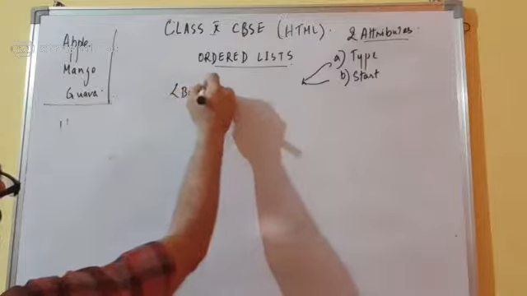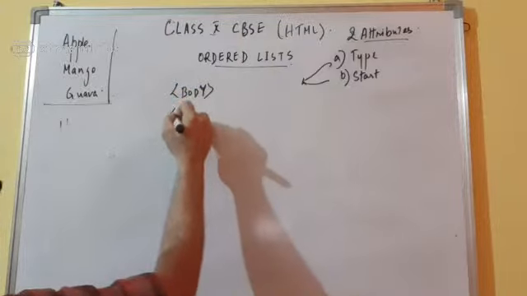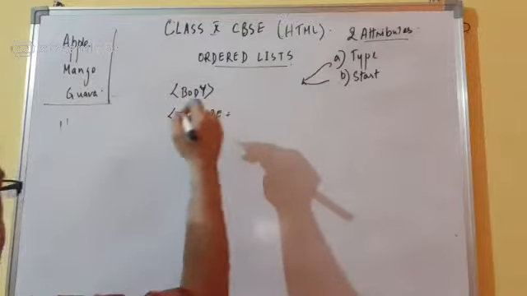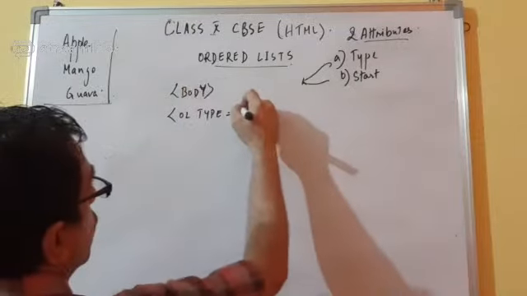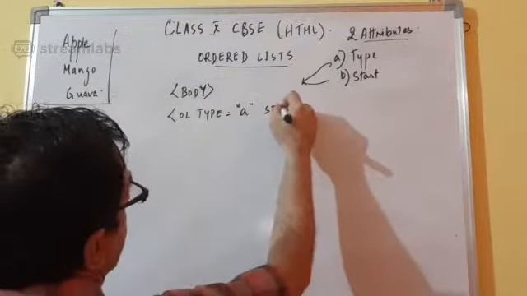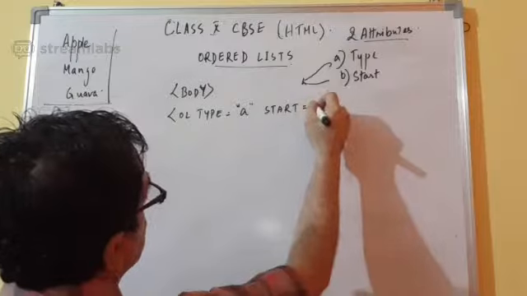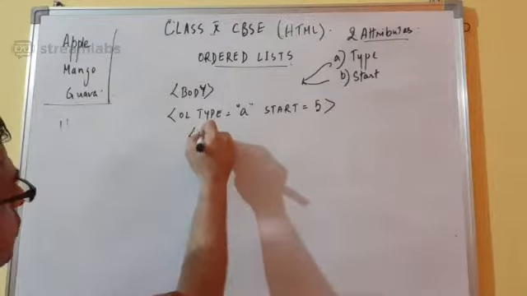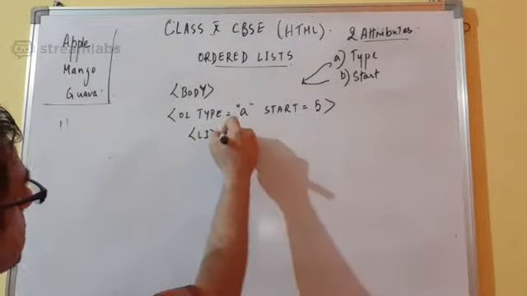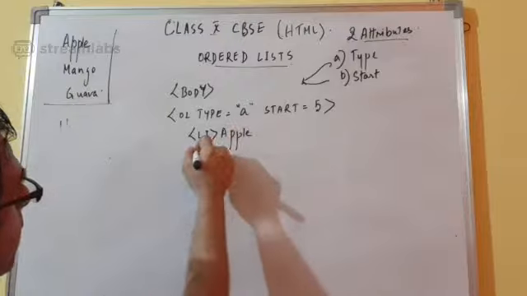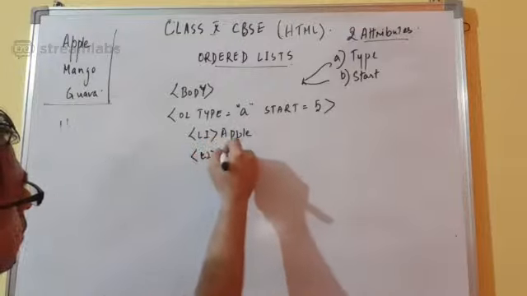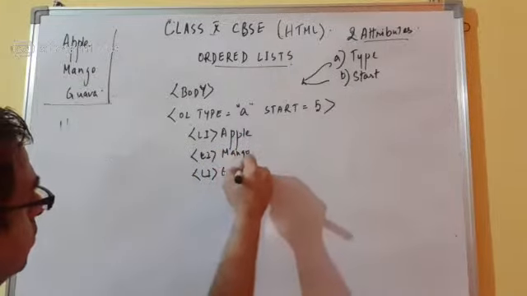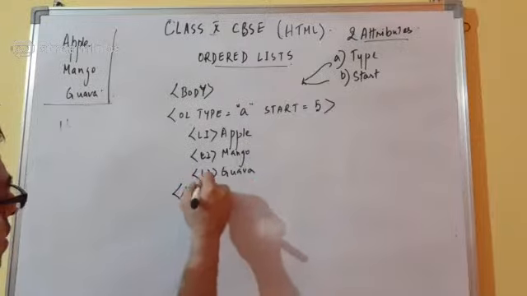Suppose under the body tag I write OL type equal to small a, and start equal to 5, and I represent apple, li, mango and guava, and I close this.